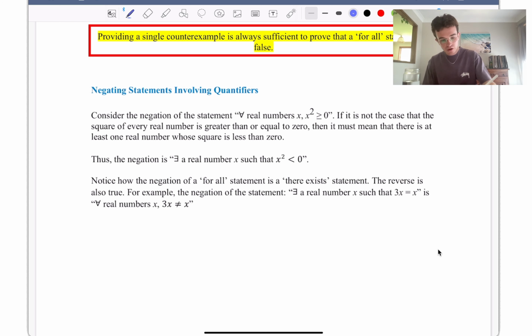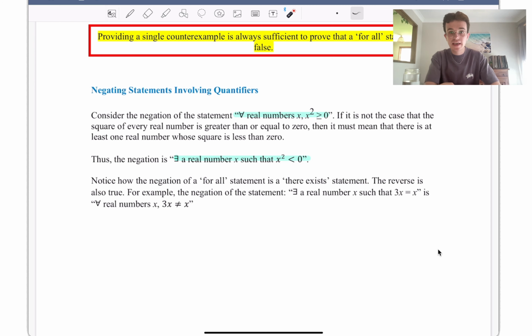So the negation of this statement is there exists a real number x such that x squared is less than 0. So this quantifier has become a there exists, and we've negated the statement by making it less than 0.